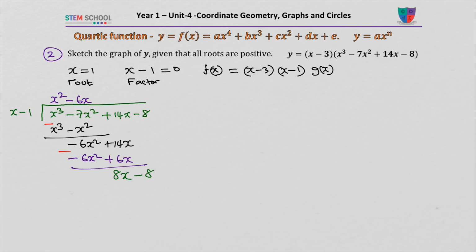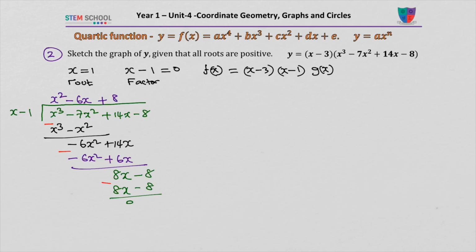What can I multiply with x to get 8x? I'm thinking plus 8. So I'll put plus 8 here. 8 times x is 8x, and 8 times minus 1 is minus 8. And that becomes 0 when I take away.